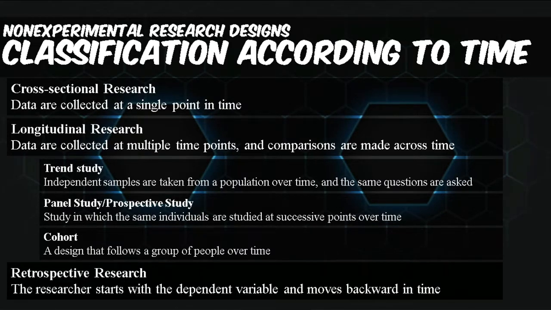Retrospective researches are researches that start with the dependent variable and move backward in time. Let me provide you an example. Right now, I am concerned with the academic performance of students in mathematics. It's low, and I want to know some factors that might explain such low performance, and some of these variables could have happened in the past.